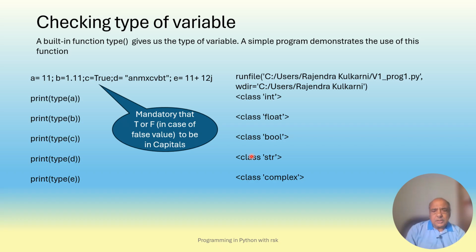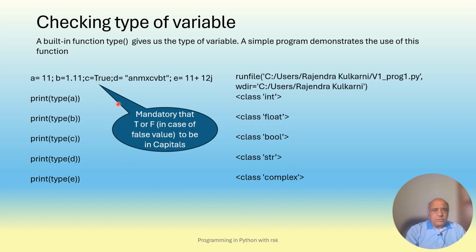When an int variable is available, it belongs to a class called int. Similarly, there is a class called float to which all the float values or variables belong. Same is for bool, str and complex.